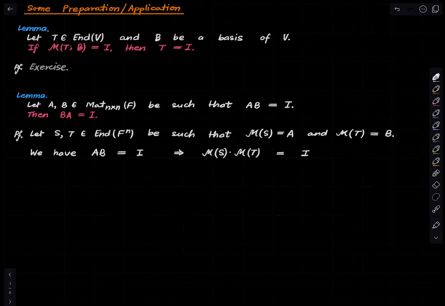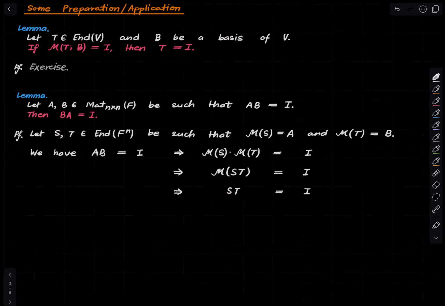I should write matrix of identity, but we also write that as identity by a small abuse of notation. The product of matrices is the matrix of the composite. This is what we recalled earlier in the beginning of the lecture. So this is identity, but by the previous lemma, this means that ST is identity.